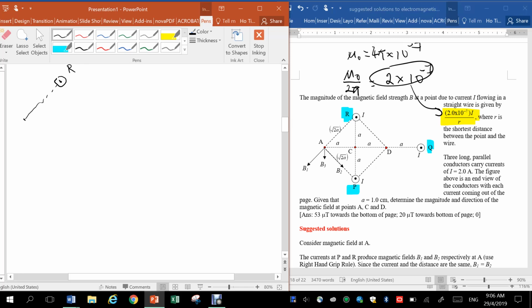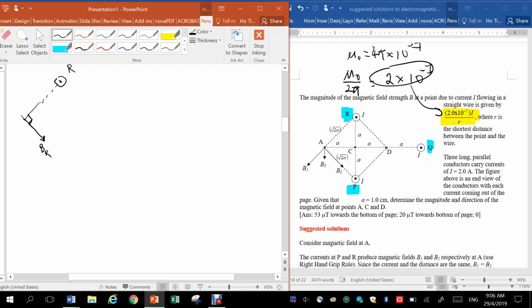So using your right hand grip rule, the B field due to R must be perpendicular to the radius, and it should be pointing down this way. So this is the B due to R.